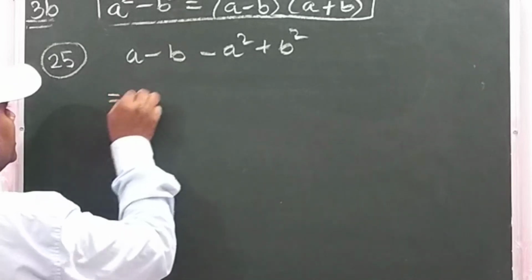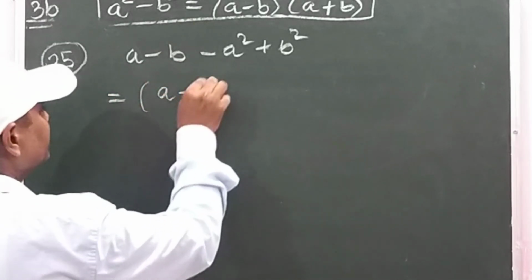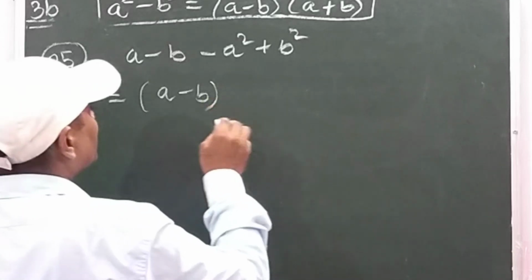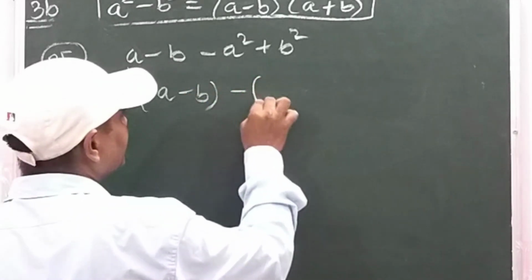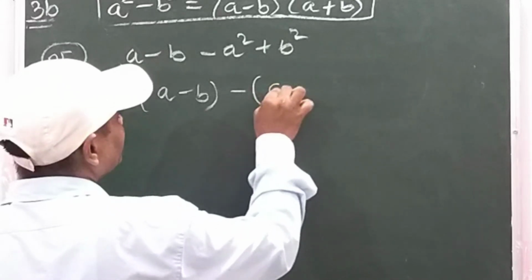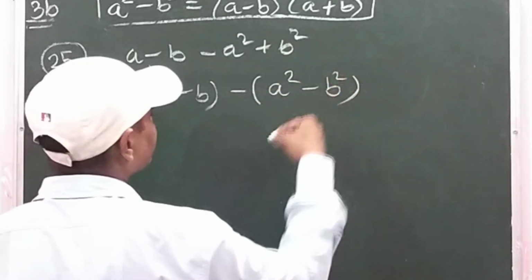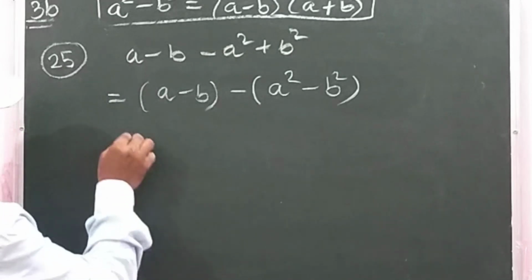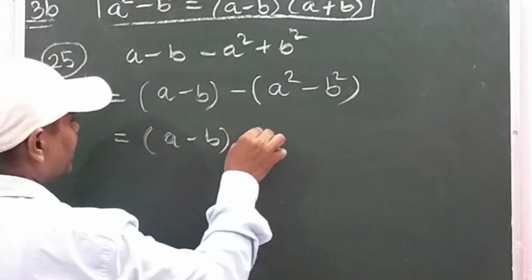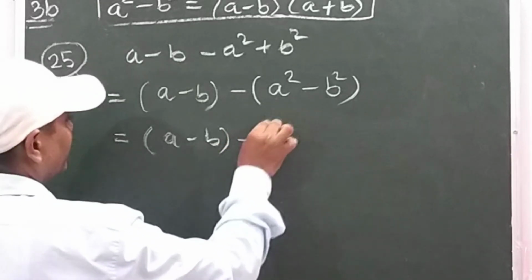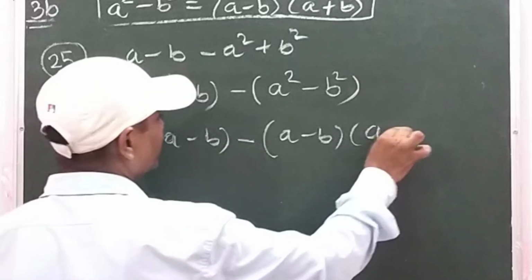Let me see carefully. This is a minus b, so you can write here a minus b. And now this, minus will be taken common, so it will become a square minus b square. Now we will break this: a minus b, minus, in one bracket a minus b, in another bracket a plus b.